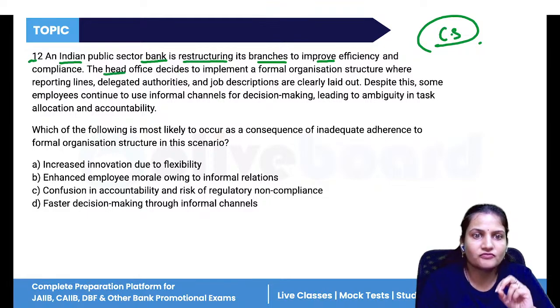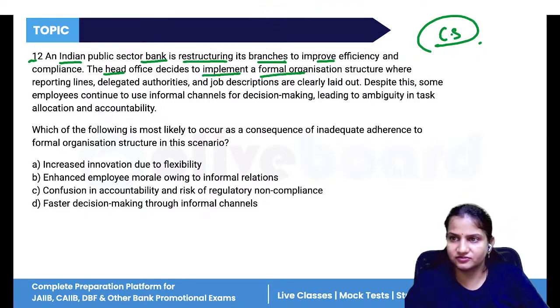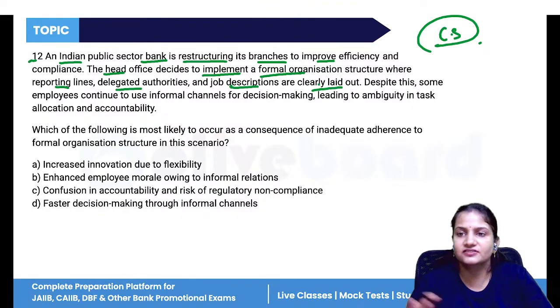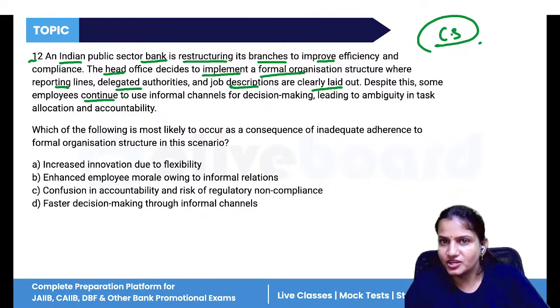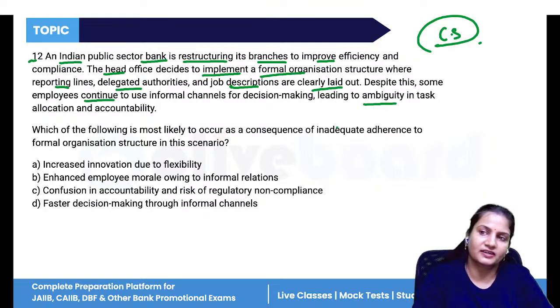Now, the head office has decided that the bank will implement the formal organization structure where everything is defined clearly, a clear chain of command is there, who will report to whom is also decided, reporting lines, delegated authorities, job descriptions, everything is clearly stated. Now, despite all these things, some employees will continue to follow the informal channels. They will share everything with other people. They will disclose every detail of the company, and it leads to ambiguity in task. Ambiguity means the unclarity in task.